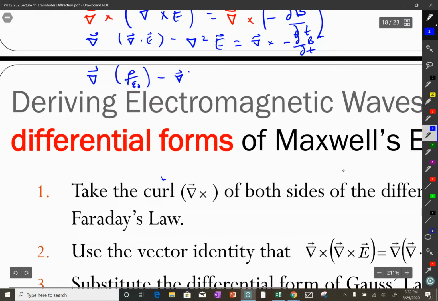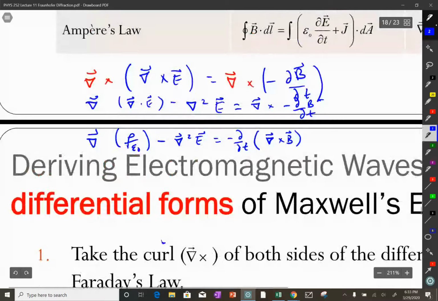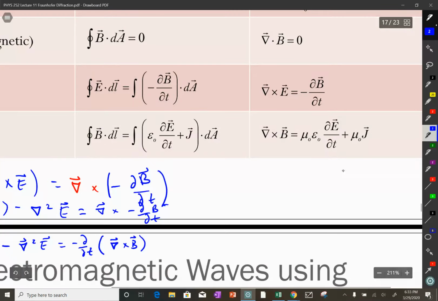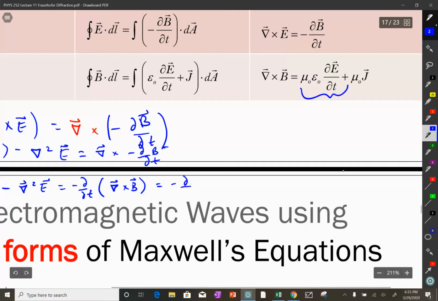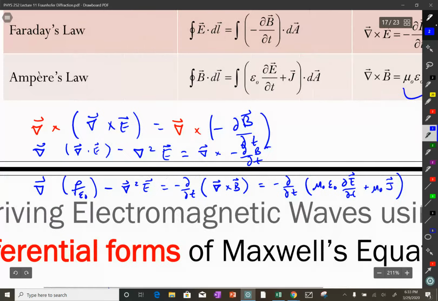Minus del squared of E equals, and I'm going to bring the minus d dt out because the del is a spatial derivative, and so I'm just having minus d dt of del cross B. But del cross B, going up here, is this here.